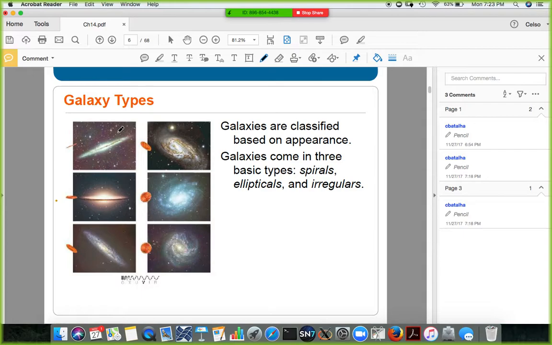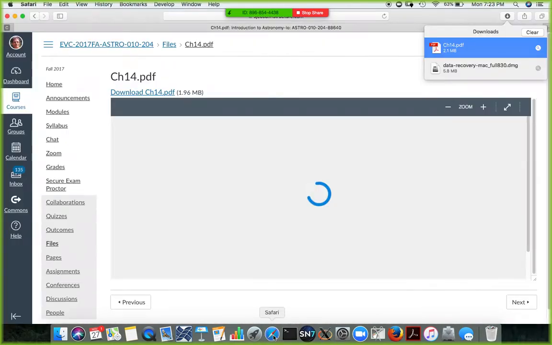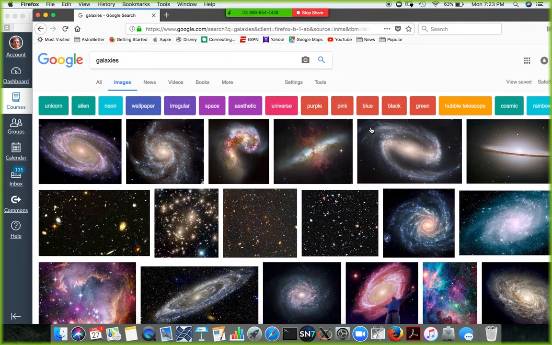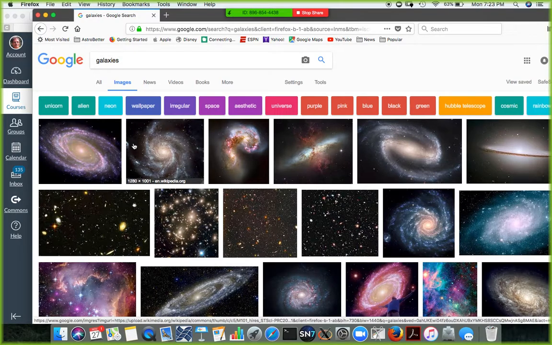Types of galaxies. I brought a picture here. Let me see if I can bring that on. Oh, not there. There you go. So I have several pictures of galaxies, and you see they are different, right? When you look at this galaxy, it seems to be similar to this one, right? Why?